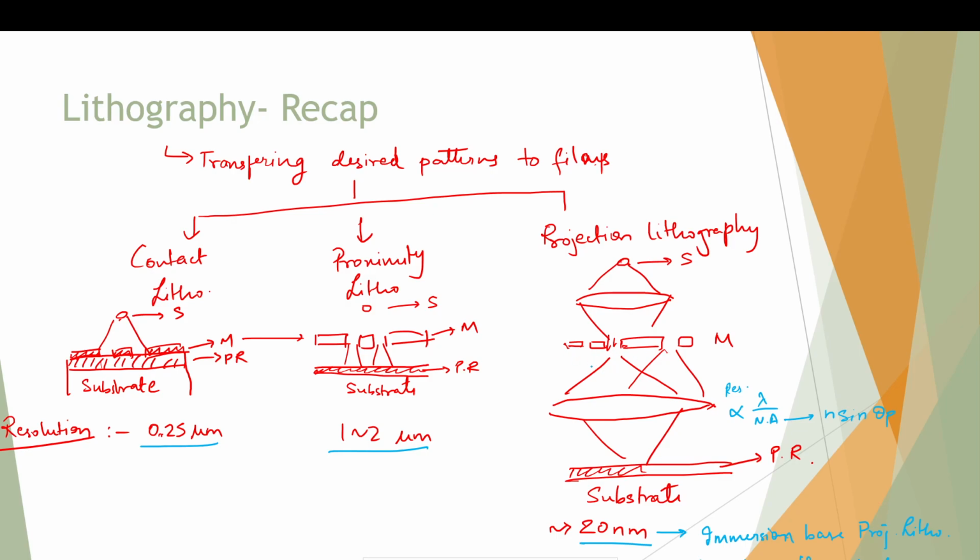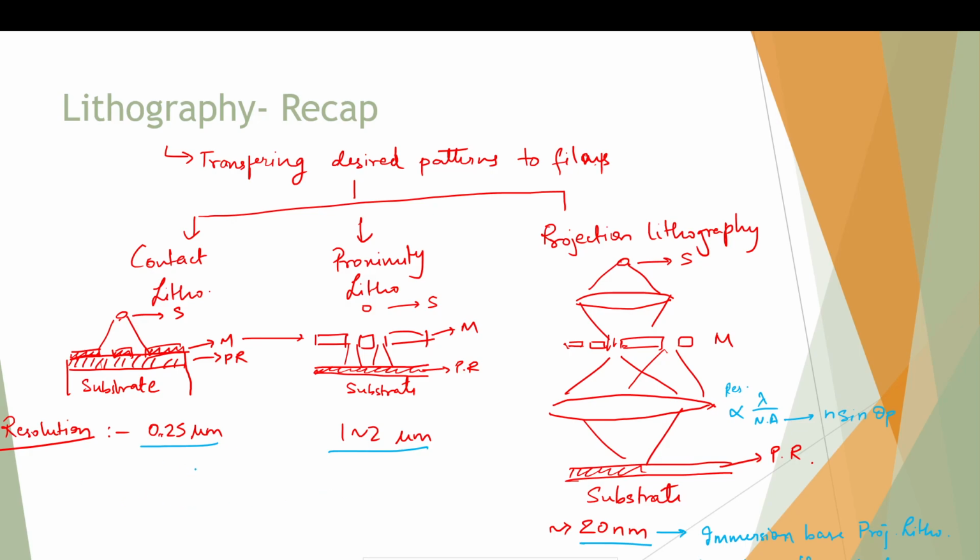Because of the uniform illumination, the entire mask gets exposed at once, and there is no error associated with position variation. So basically the optics is very sophisticated, but that makes sure that the error rate that we get is very low.